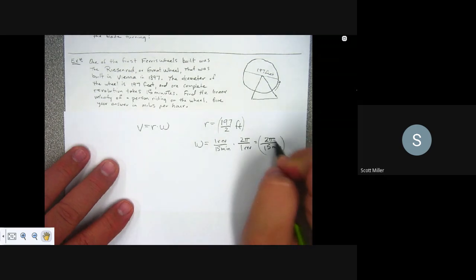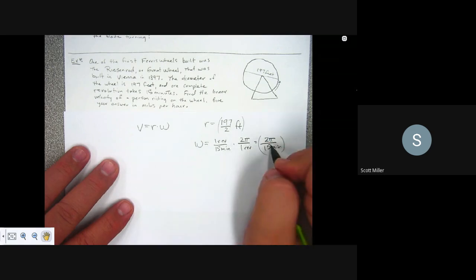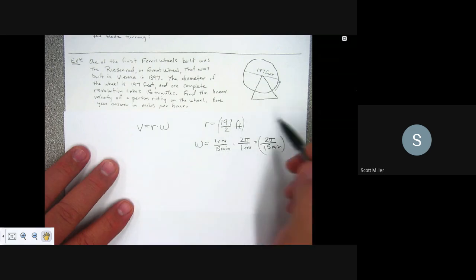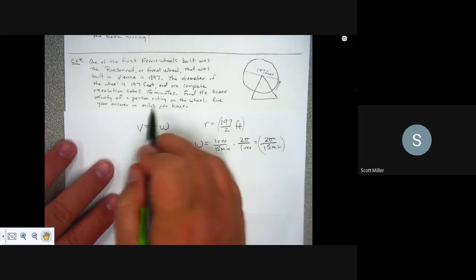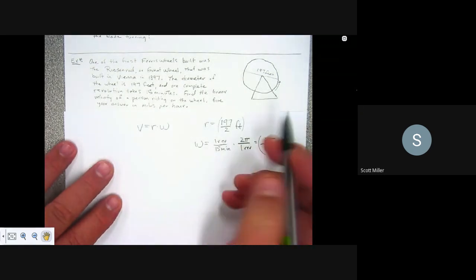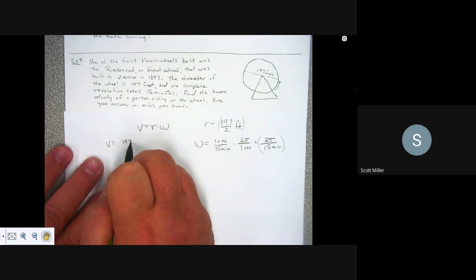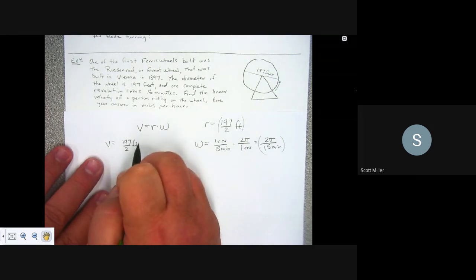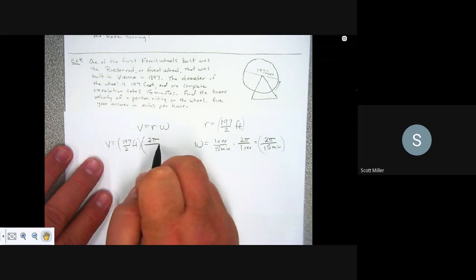That is the number I can use. So I have to use this number and this one. When I get done, I'll be in feet per minute. And that's fine. We'll change units to miles per hour after. So my linear speed is going to be 197 divided by 2 feet times 2 pi radians in 15 minutes.